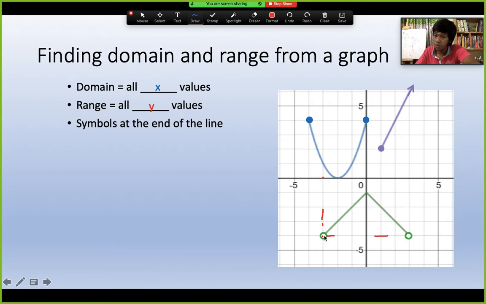Of course, not included because it is a hole. See the difference. This is a block, this is a hole. So in the domain of this, we cannot include exactly -3, but after -3 it will start, and before +3 it will stop. Hole means that. In simple words, hole means we cannot include the exact point, and dark means we have to include the point.